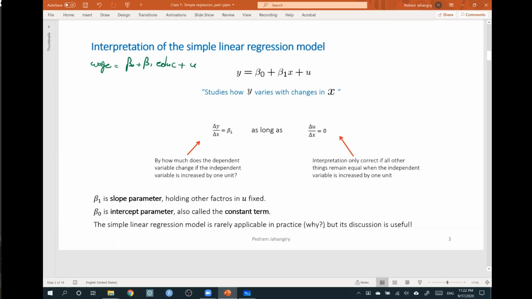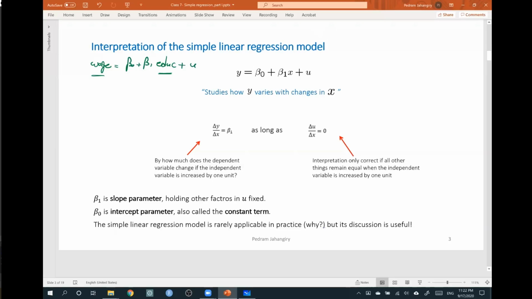So we want to study how y varies with changes in x. This is how you should interpret this linear regression model. We want to study how wage changes if I change education, not the other way around. So be careful, the causality is important.